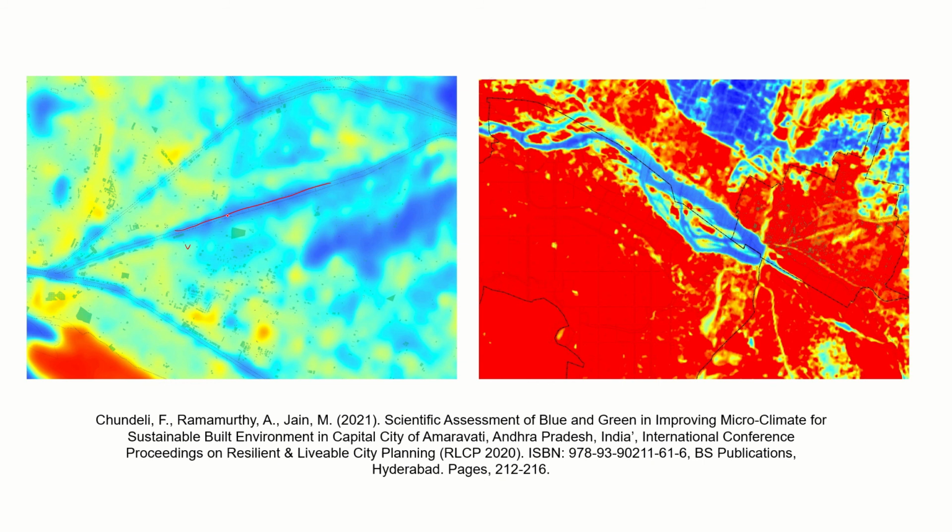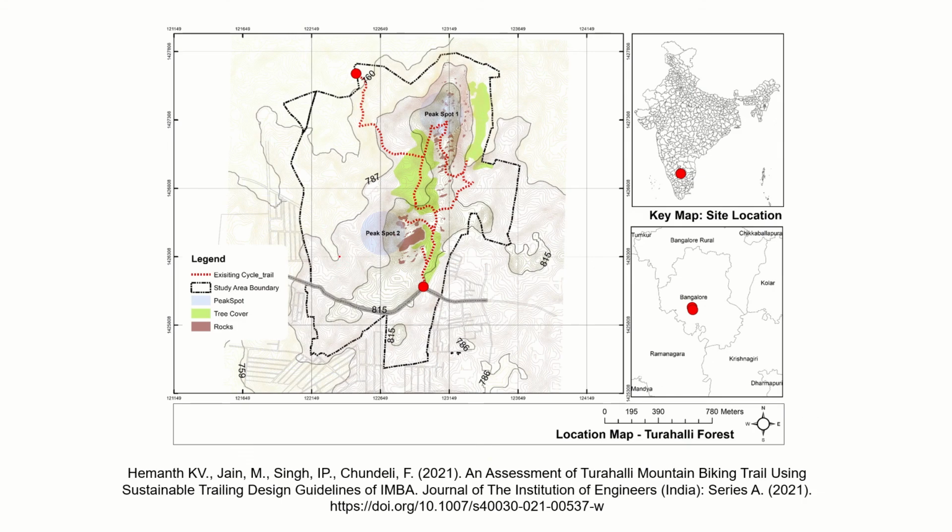There is a canal here, and this shows how much cooling intensity we can extract because of this particular canal for that particular time period. So whether having only blue will work, or do we have to add green to that, all that we try to experiment with, and then we make use of it.